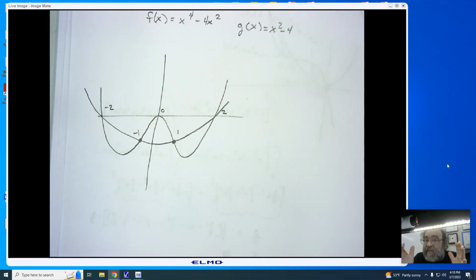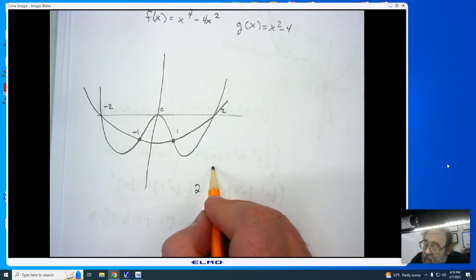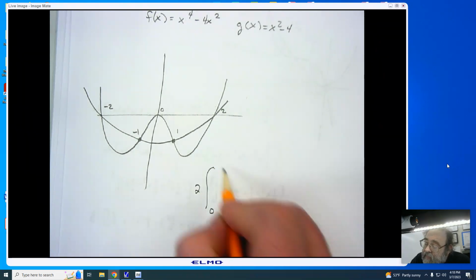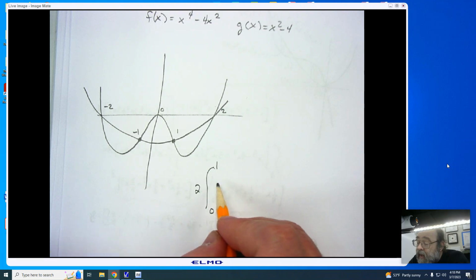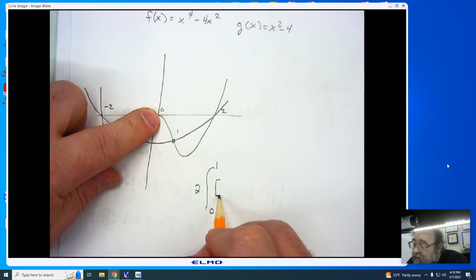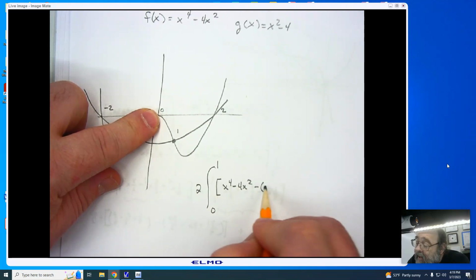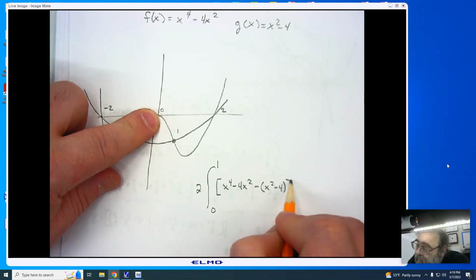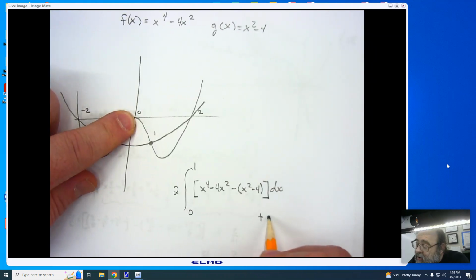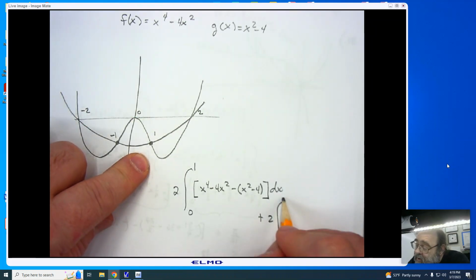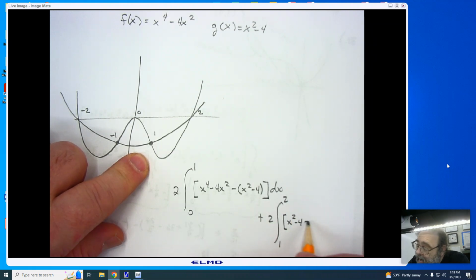That says that if I have an even function that is symmetric along the y-axis, I can say that I have two areas that are the same from 0 to 1 for the upper quartic, x to the 4th minus 4x squared, minus the quadratic, x squared minus 4, dx, and add to it 2 of the integration from 1 to 2, where I now have the quadratic on top, x squared minus 4, minus the quartic, x to the 4th minus 4x squared, dx.